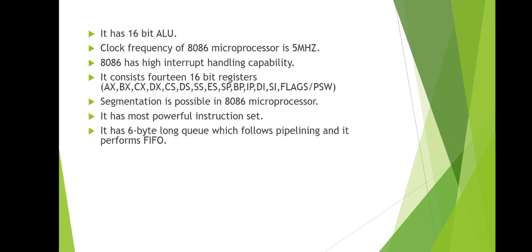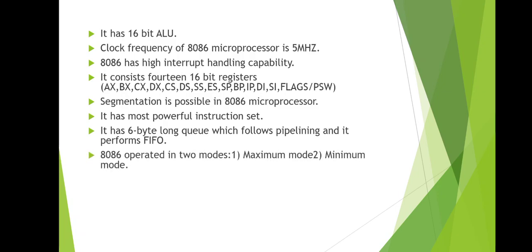If in t1 time the first instruction is executed, then in the same t1 time the next instruction will be fetched. So this is called the pipelining concept, and it performs FIFO. Here FIFO is nothing but first in first out operation. This 6-byte long queue performs first in first out operation.